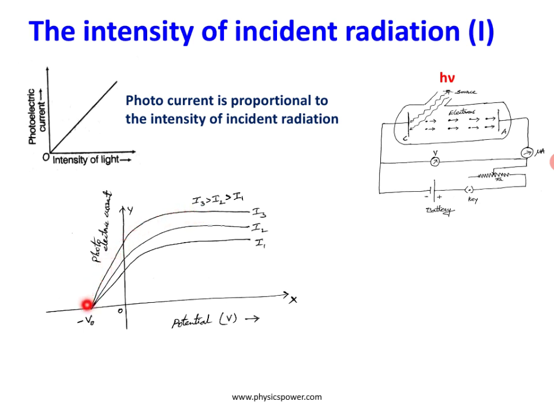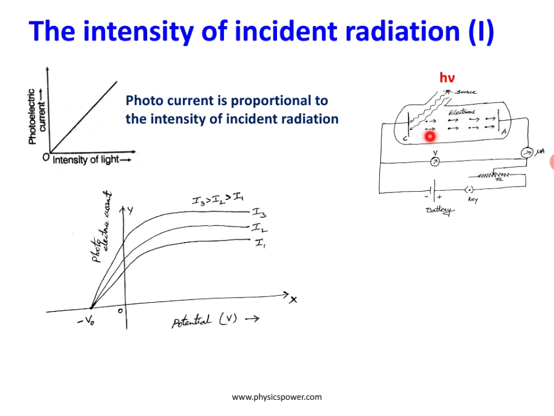But here you can see all graphs meet at a particular point, which means the stopping potential is the same for all. The reason: we are increasing the intensity, which means we are increasing the number of photons. Due to the increasing number of photons, current increases, so we observe different levels of current. But the frequency remains constant for all, so the energy is the same, which means the kinetic energy of all the electrons is the same.